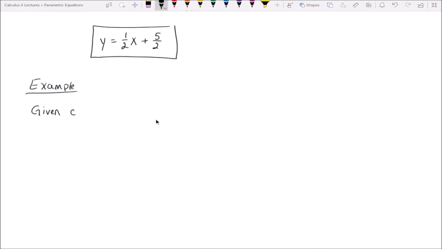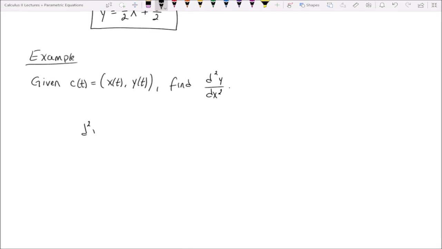If we're given a curve with parametrization x of t, y of t, how do we find the second derivative of y with respect to x? Well, we know this. What we can say is this is d dt of dy dx, then times dt dx.